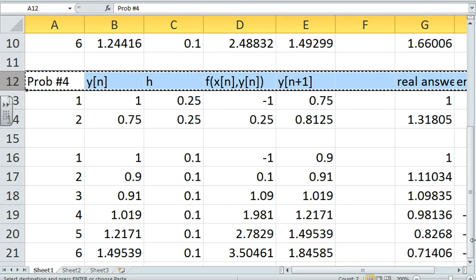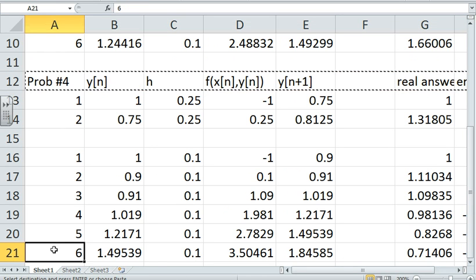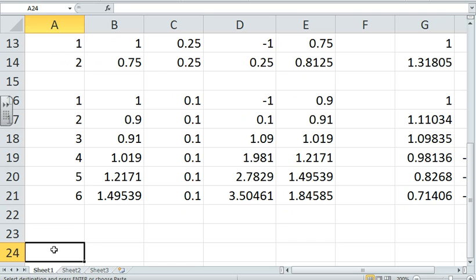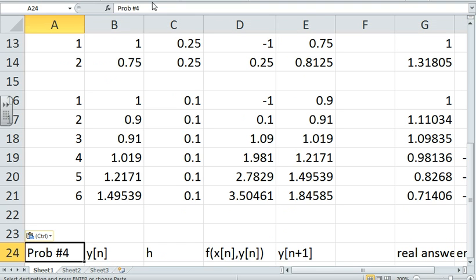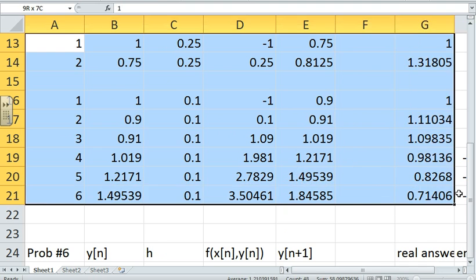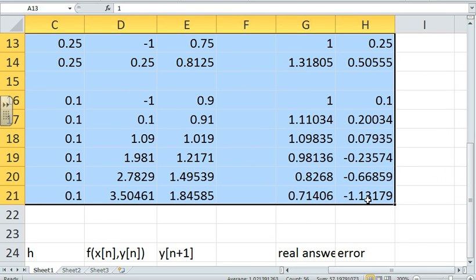We'll just copy that one. Paste. All right, so we're going to do problem number 6. Excellent. And then we'll just copy all these into problem number 6, and then we'll change them to be better.